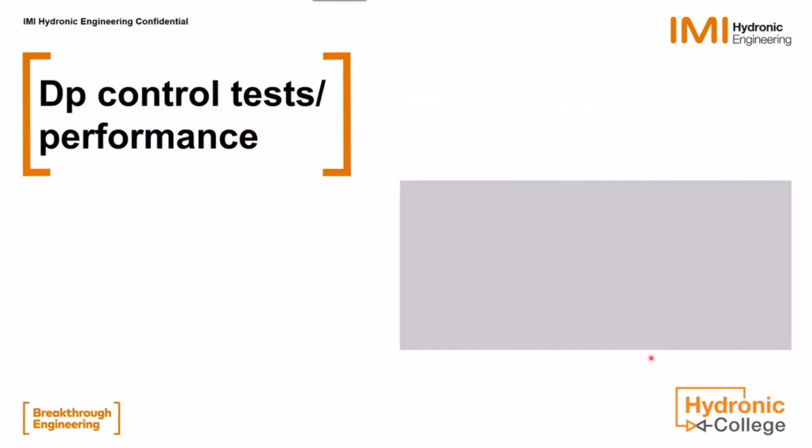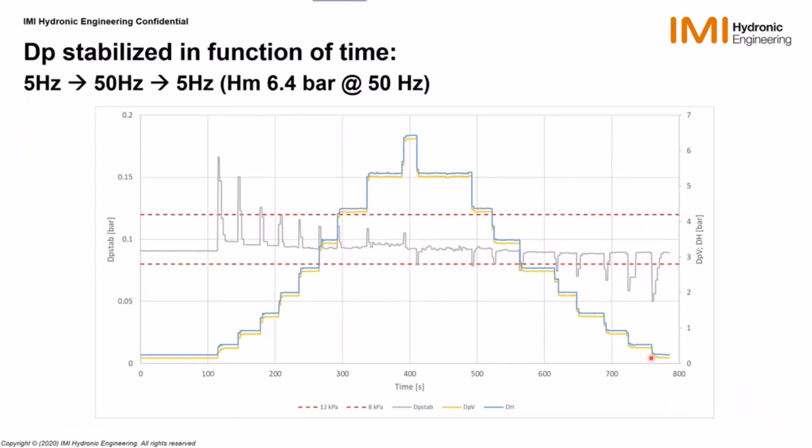Let's now look at some delta P control tests and performance. I have first here some test results that we have obtained in the lab. It's the delta P that is stabilized as a function of time.